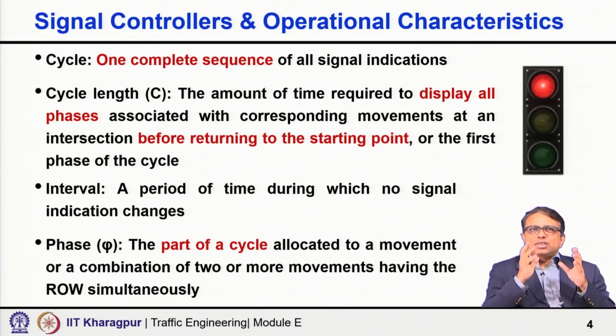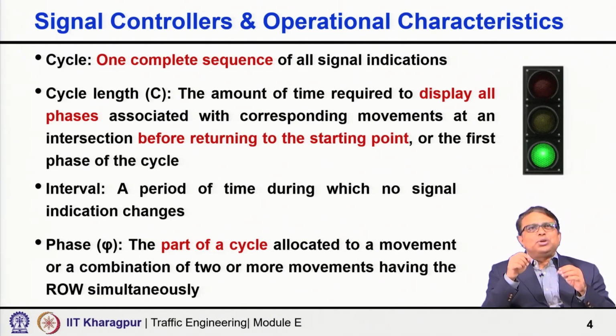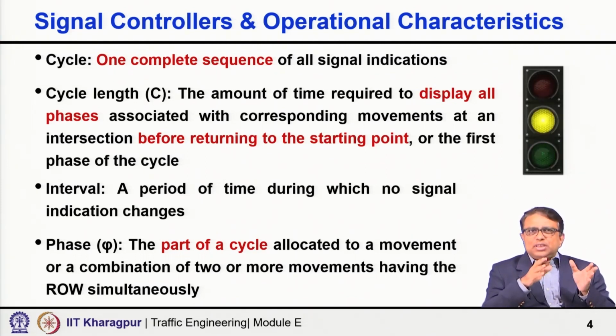So, overall, cycle is a complete sequence of all signal indications. Cycle length is the time required to complete one cycle, and interval is the period of time during which no signal indication changes. A phase is a part of the cycle allocated to a movement or combination of two or three movements having the right of way simultaneously.